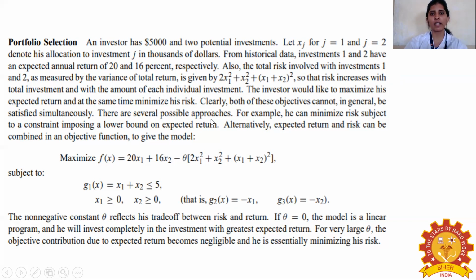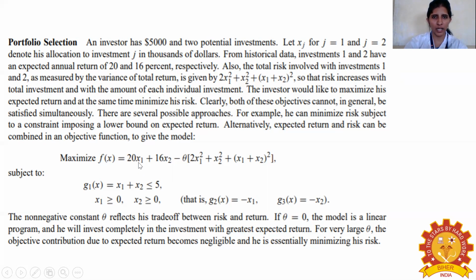Say for example, he can minimize the risk subject to a constraint imposing a lower bound on the expected return, and alternatively the expected return and the risk can be combined in an objective function, and this gives the model: maximization of the objective function f of x equal to 20x1. Okay, so this is the first investment, expected annual return 20.